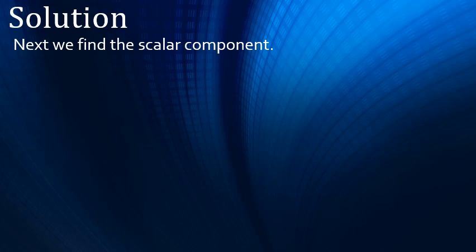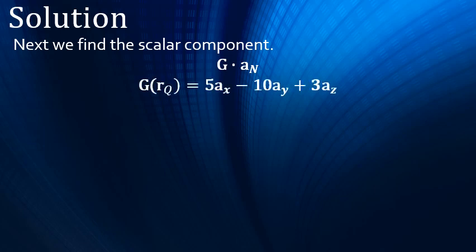Next, kunin natin yung scalar component. So yung scalar component ay, so ano yung sabi, dot product lang din. Dot product na G dun sa direction ni an. So ito yung G at Q natin na nakuha natin sa letter A. Ito naman yung given na an. So ang dot product nila ay, so shortcut, hindi natin gagamitin yung may angle.